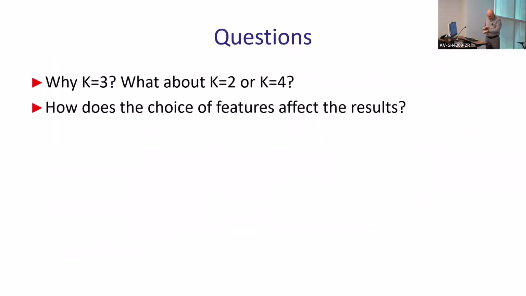And this is one of the last questions that we have. Why choose 3 or 2, 4, any other number? How do you know what to choose? What would happen if you choose k equals 2, for example? What do you expect to happen? With k equals 2, some of the clusters will just have part of the noise, so noise will be redistributed in both clusters, most likely in different ways.